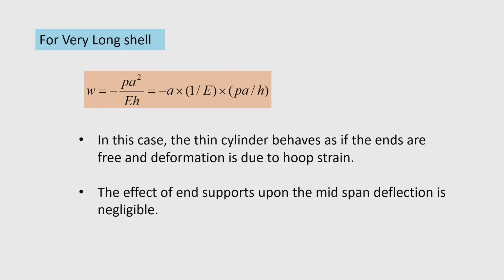So, if the particular integral does not appear in the shell deflection equation, then there is no question of applying the boundary condition, because the shells are very long and the boundary condition will not affect the deflection at the mid span. So, those are the two conclusions we can arrive at from this expression.